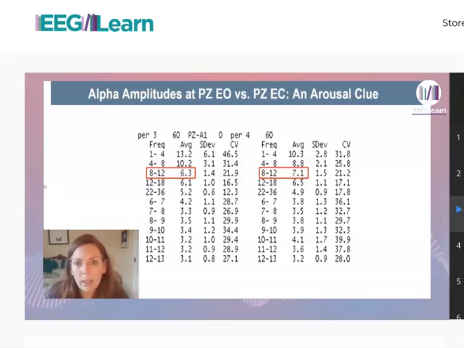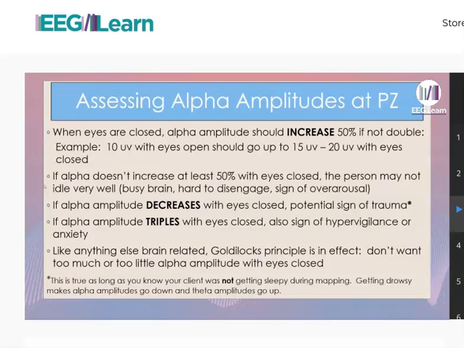Okay, so with that Goldilocks principle, you don't want the alpha amplitudes at PZ eyes closed to be too small or too large. So this slide sums up what we just talked about.